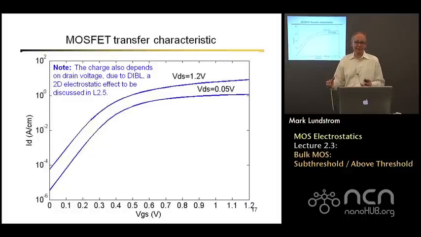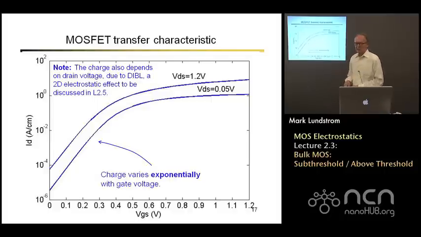So finally, let's just return to IV characteristics. We're trying to understand transistors. And drain current is charge times velocity. So the drain current is going to be proportional to the inversion charge. So when we look at plots like this on a log scale of drain current versus gate to source voltage, if I look in their subthreshold conditions, the charge is varying exponentially with gate voltage. We've just sorted that all out from MOS electrostatics.